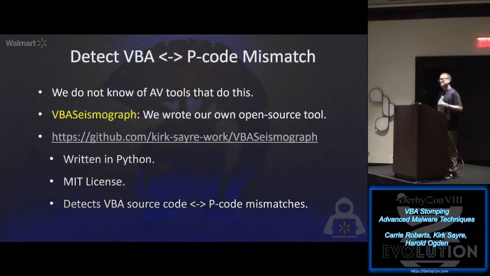Interestingly enough, the P code actually includes the comment lines that should show up in the VBA, so we check for those also. And if anything shows up inside the P code that does not show up inside the VBA source code, VBA Seismograph will throw up a flag and say this is something you need to take a closer look at.